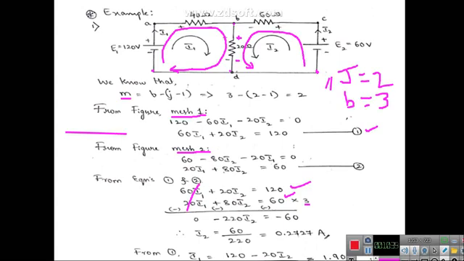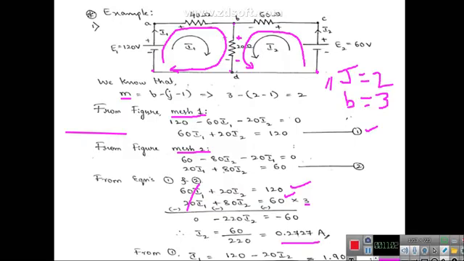Then 80 into 3 is 240 with a negative sign, minus 240 plus 20, so you get 220 I2 with a negative sign. And here 60 into 3 is 180, minus 180 plus 120, so that will be 60. Then I2 is equal to 60 divided by 220, so that value is equal to 0.2727.